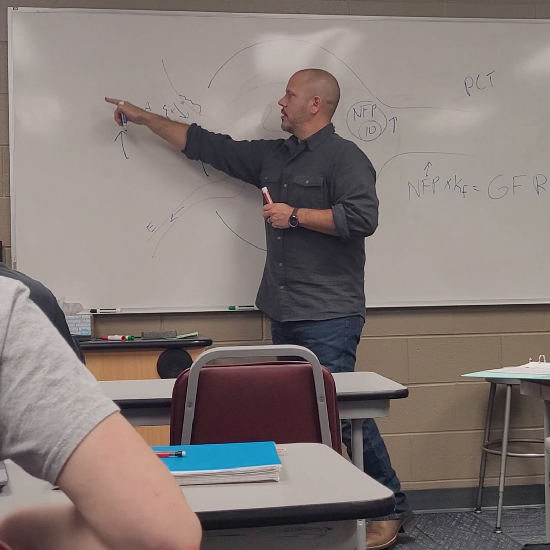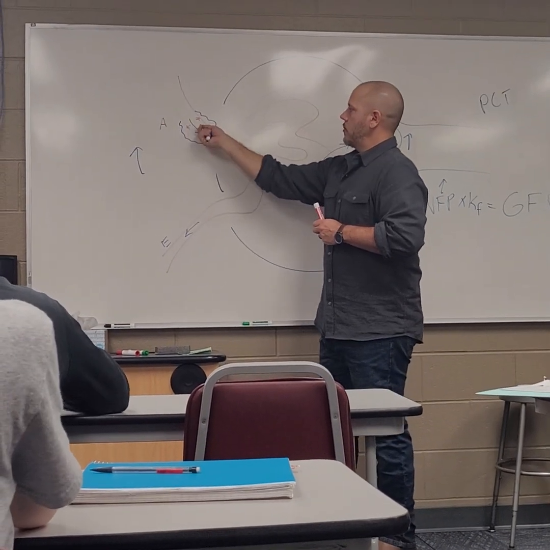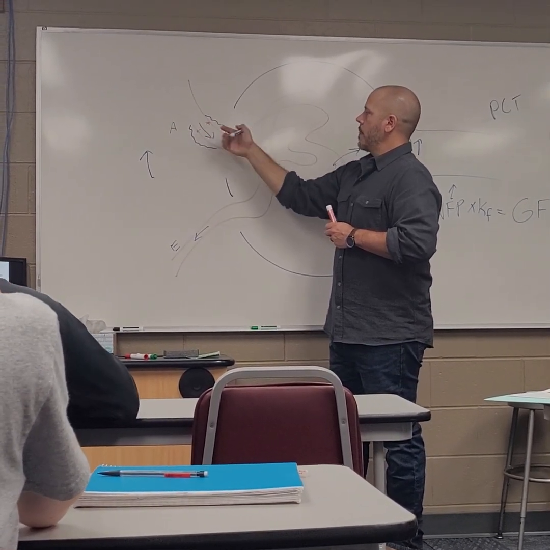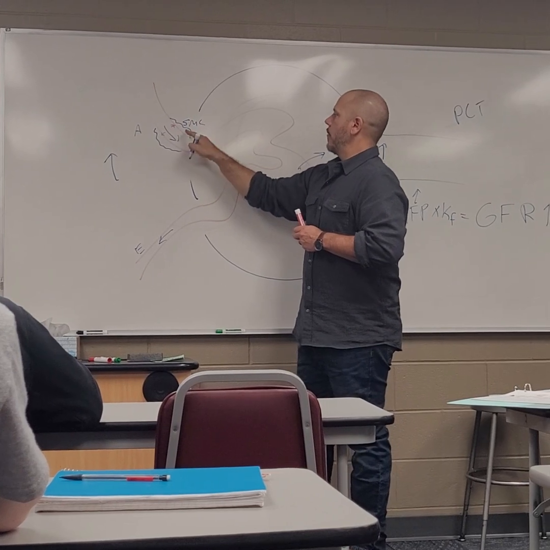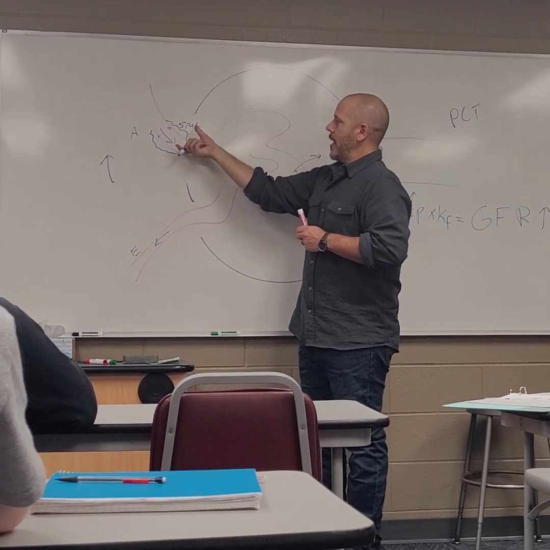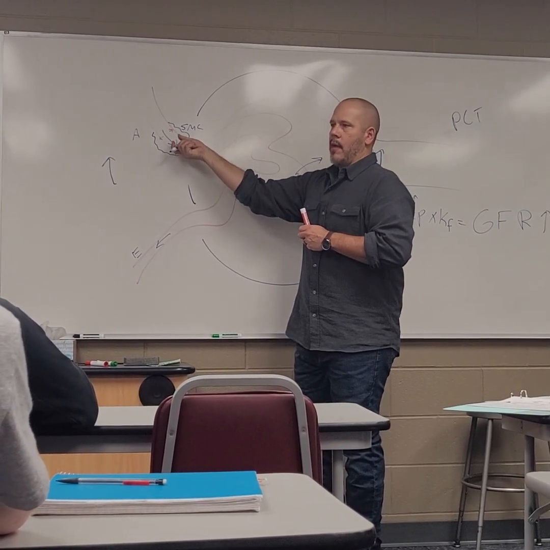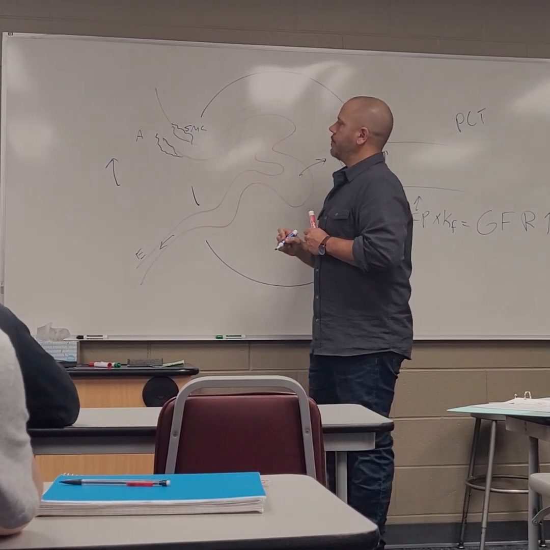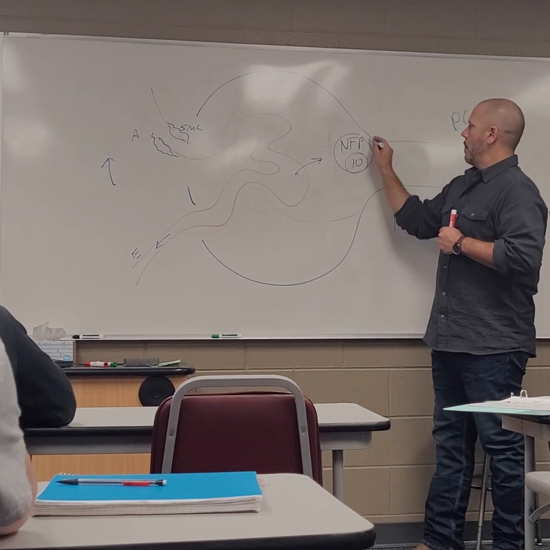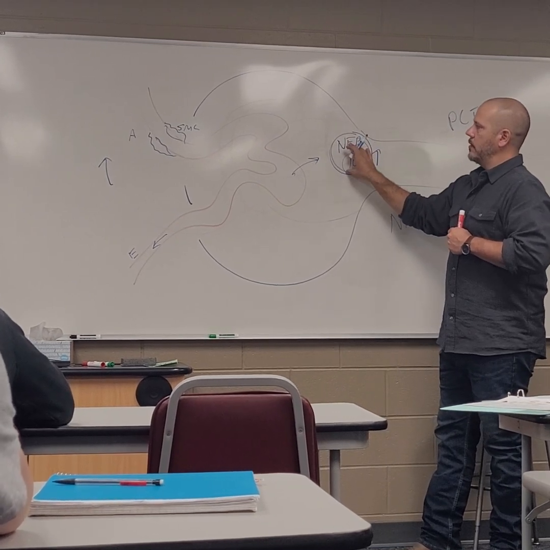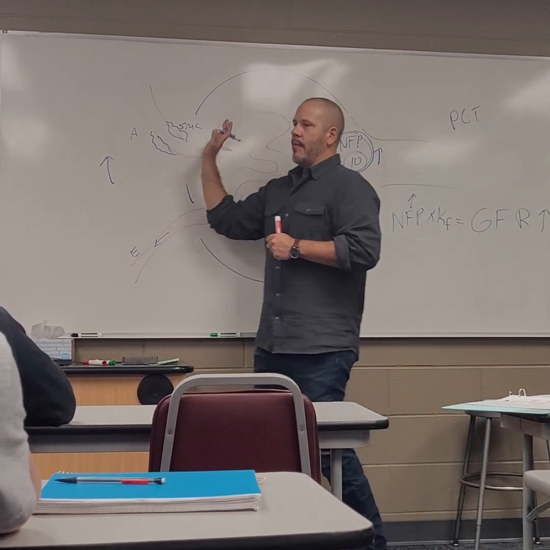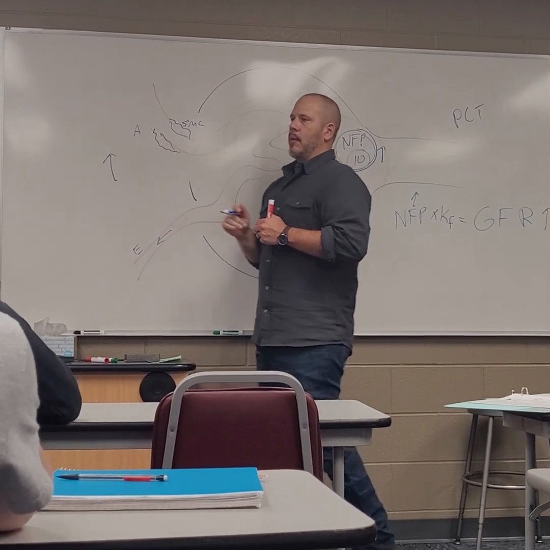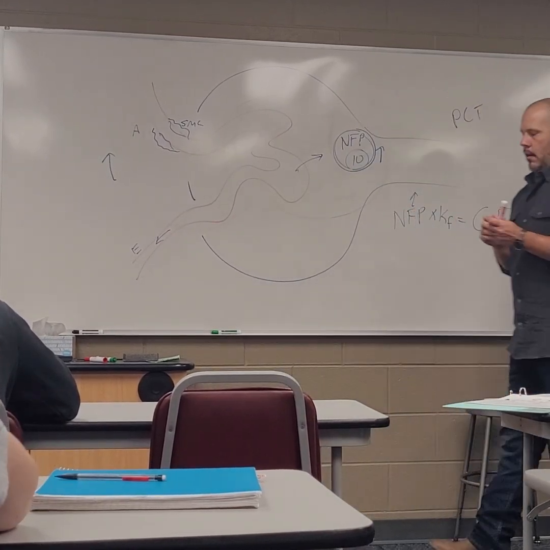So as I have systemic high blood pressure, it stretches my afferent arteriole, and smooth muscle cells that surround it detect that, and they just squeeze back down. So they squeeze down and kind of constrict it back down. And so therefore, my net filtration pressure stays constant, even though I might have a changing systemic blood pressure outside of the capillary.